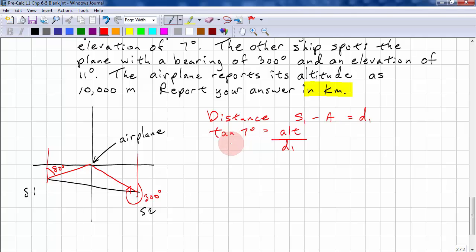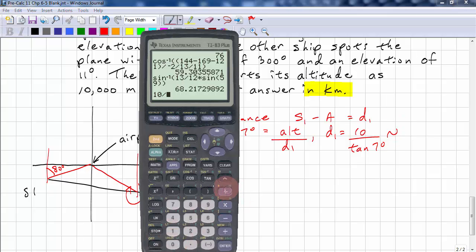We want the horizontal distance, so we use tangent. D1 equals 10 kilometers divided by tangent of 7 degrees. So D1 moves up here, tangent moves down there. And this is an approximate value. 10 divided by tan 7, and we get 81.4 kilometers.